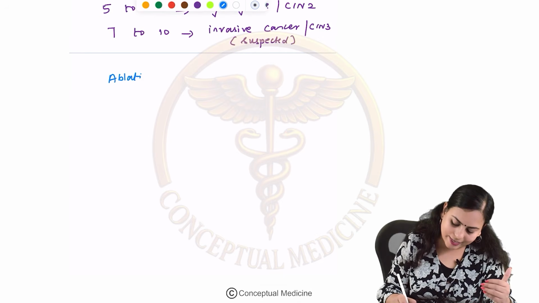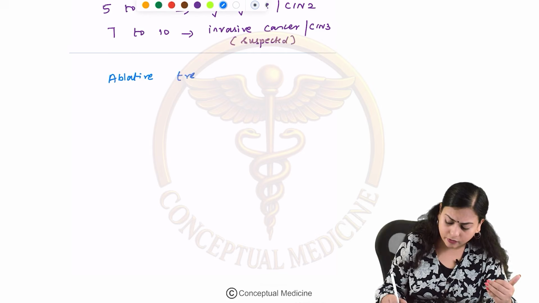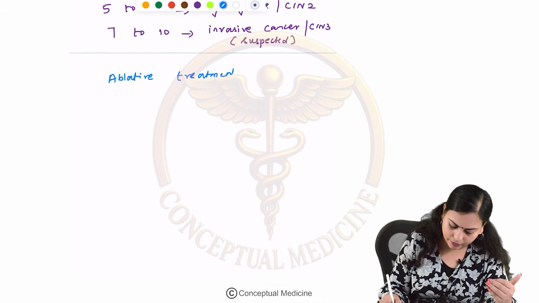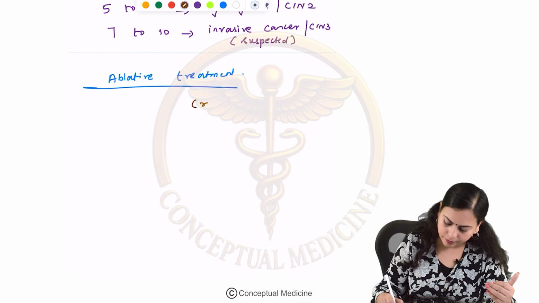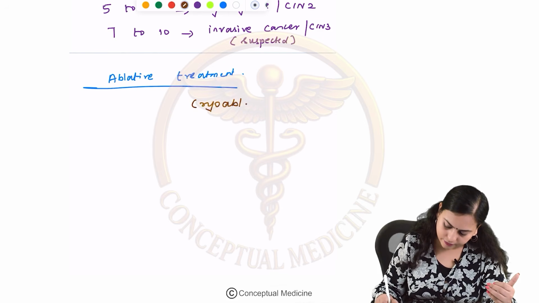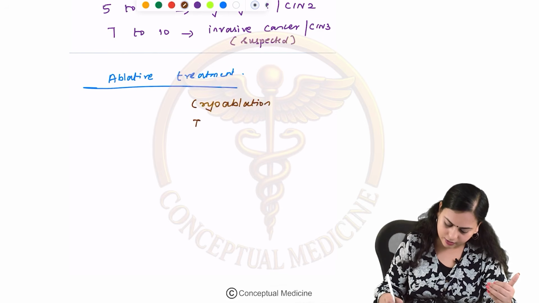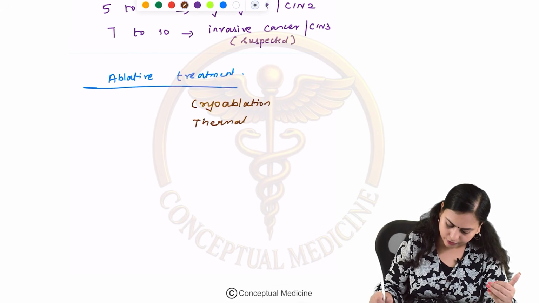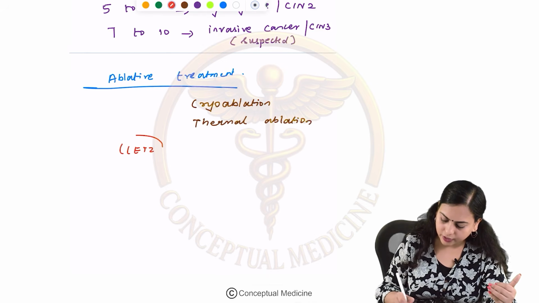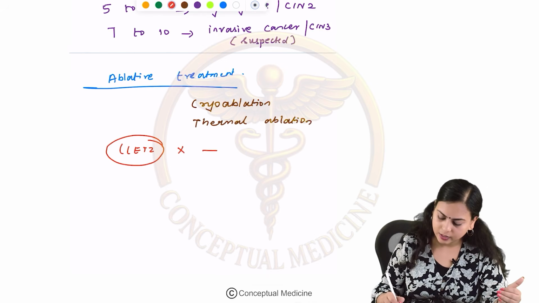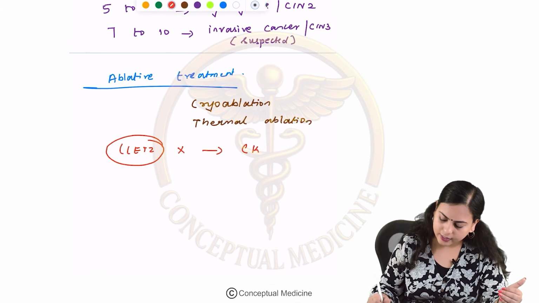And the next one I want to tell you about is the ablative treatment. I was telling you every time that ablative treatment will be given. So what are the ablative treatments we have? Yes, we already know they are cryoablation and thermal ablation. Suppose LEEP, which can be offered after ablative treatment, is not available, then you can offer her CKC also.